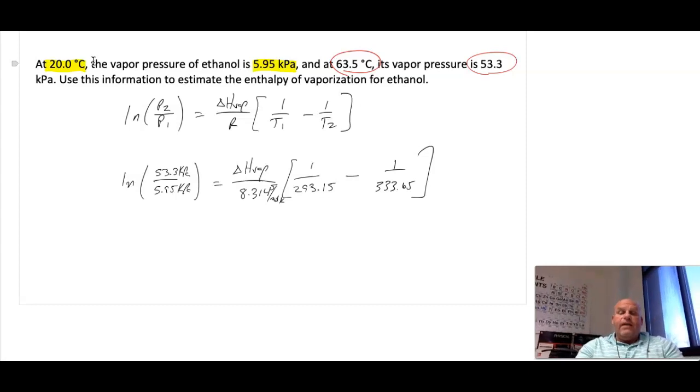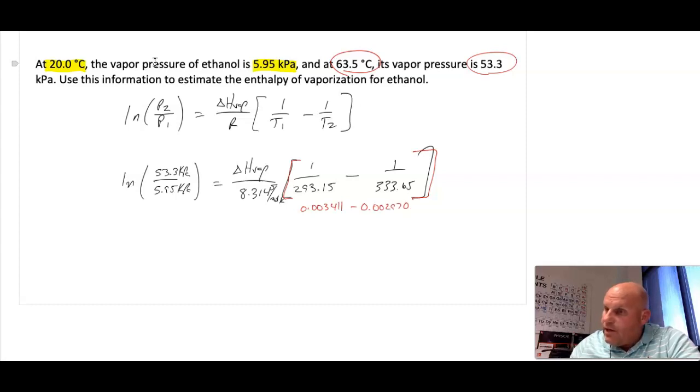Okay, so now it's a lot of math to solve this out. I try to break this down into smaller steps, and I'll show you how I work through this. I do the math inside these brackets first with my temperatures. So 1 divided by those values, I get 0.003411 minus 0.002970.